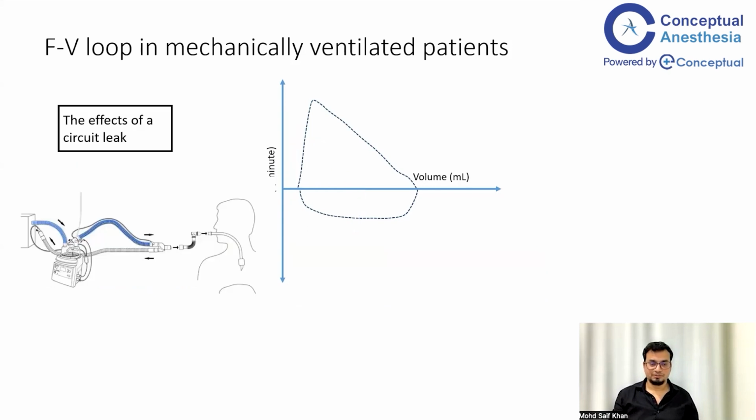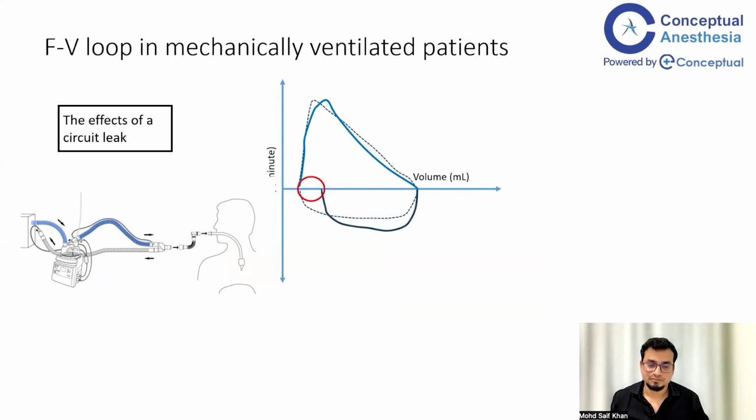Now, what happens when there is a circuit leak? Okay, this is also interesting. So in circuit leak, there will be normal inspiratory flow, but in expiration, it will just complete before, it will not meet the initial point. So it will abruptly end before reaching the start of inspiration, right?